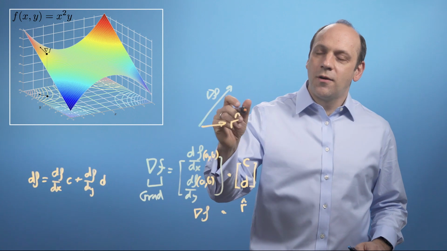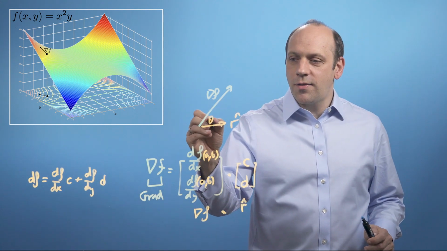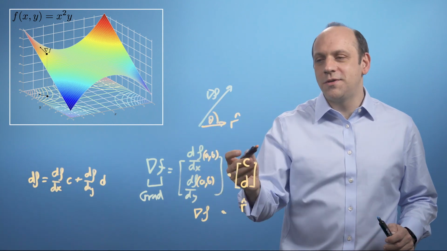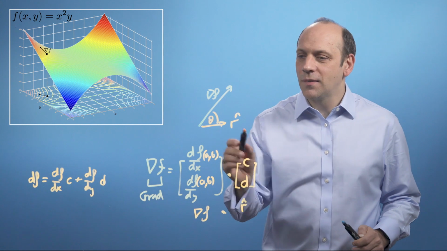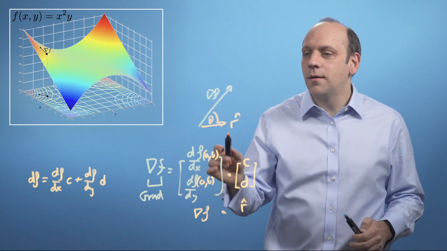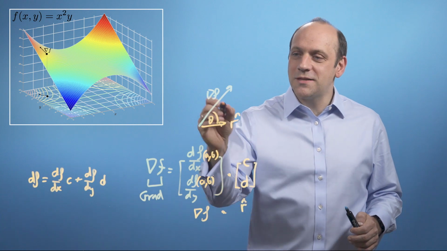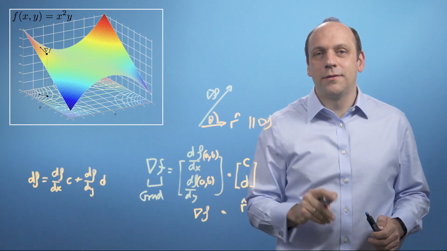And our question is, what's the maximum value they can take, given that r hat is a unit vector? Well, the only thing left when we dot them together is the cos theta term, because it's a, b, cos theta. And that's going to be maximised when cos theta is 1, which means theta is 0, which means r hat is parallel to grad f.